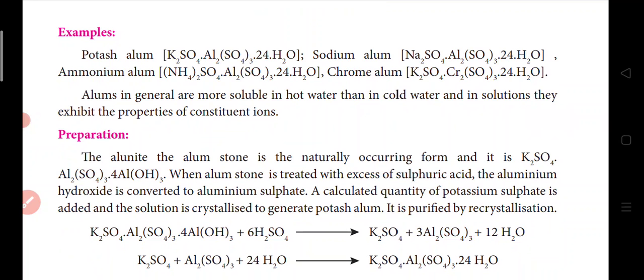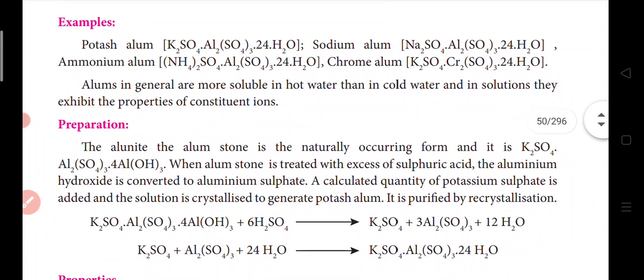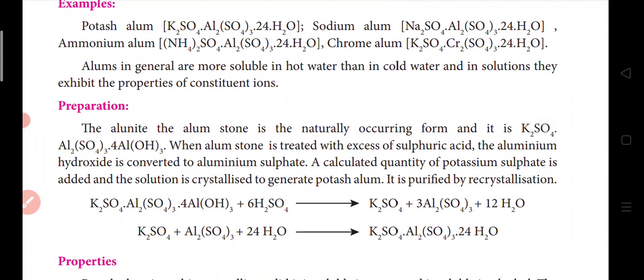Alums in general are more soluble in hot water than in cold water, and in solution they exhibit the properties of their constituent ions. For preparation, alunite, or alum stone, is the naturally occurring form, K2SO4.Al2(SO4)3.4Al(OH)3. When alum stone is treated with excess of sulfuric acid, the aluminium hydroxide is converted to aluminium sulfate.